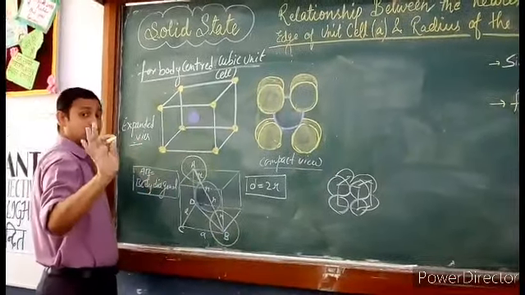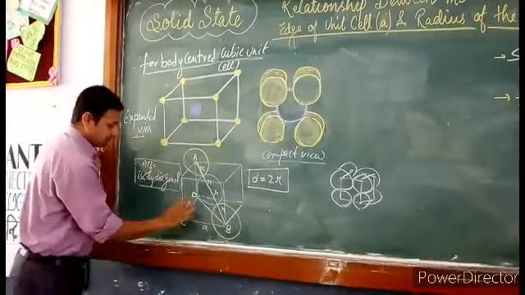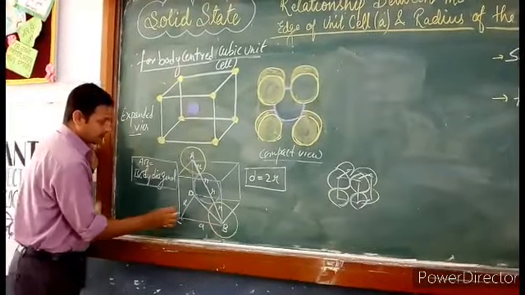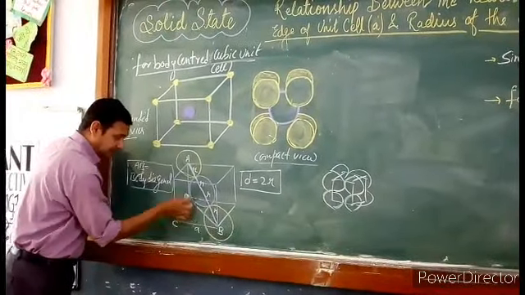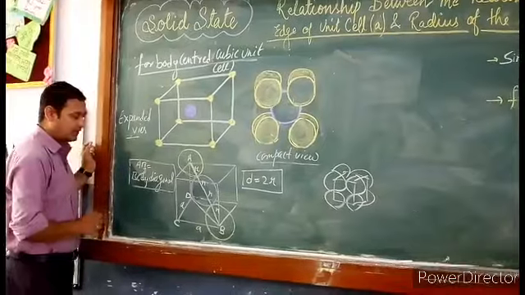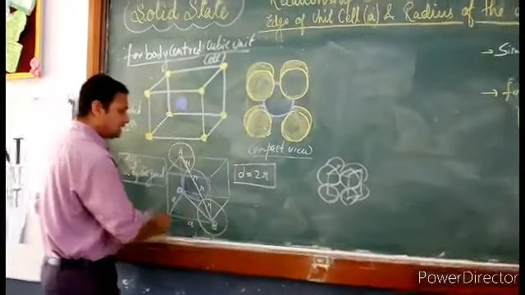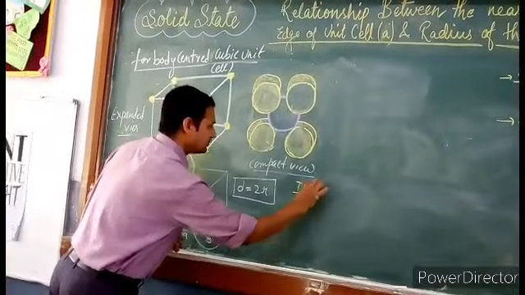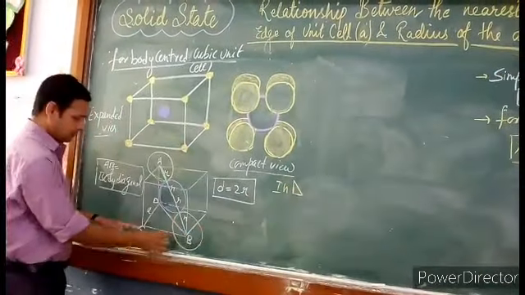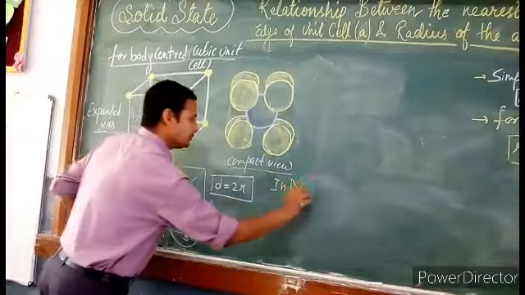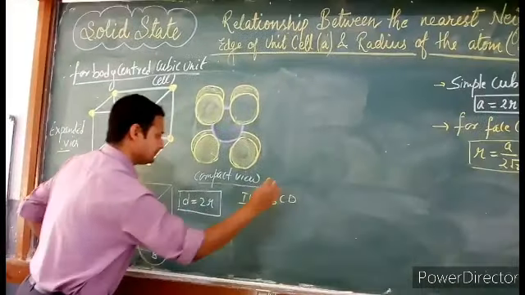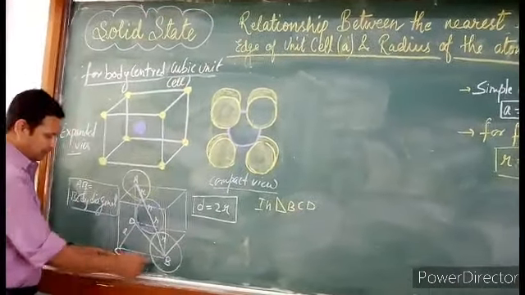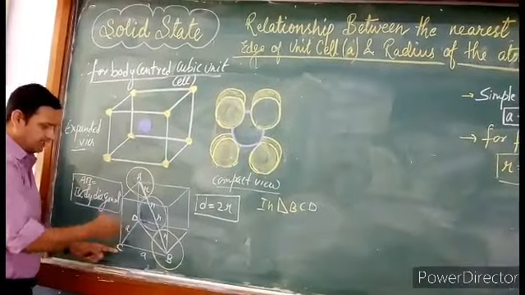All the angles in the cube are 90. So this forms a right angle triangle BCD.